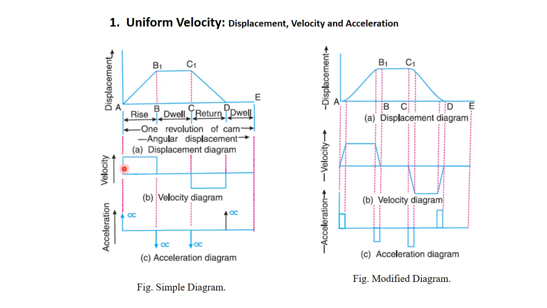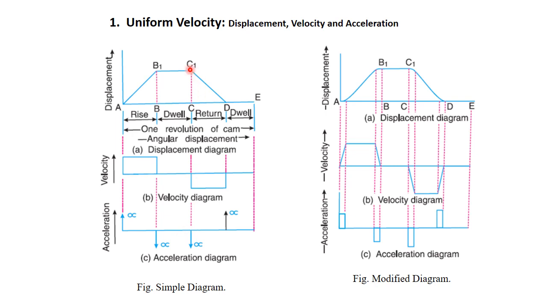So at this instant of time the acceleration is infinity, and then as the velocity is constant, acceleration is 0. Again, as the velocity drops to 0 at point B, the deceleration, that is retardation, is infinity at point B, and then again the acceleration suddenly comes to 0.